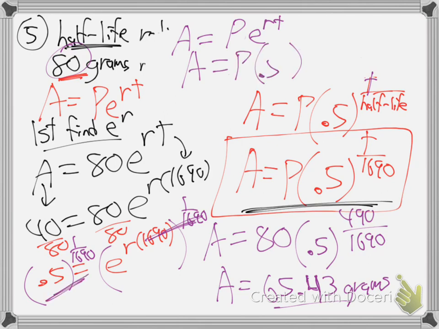This: 0.5 to the 1 over 1690, times t. That t just goes to the top because it's t over 1. There's the half-life formula. That's where that comes from. It's just going to be 0.5 to the t over the half-life. So any half-life problem, you can just start right there. If you put that on your 3x5 card, just use that, zip, you're out. I wish chemistry was that simple.